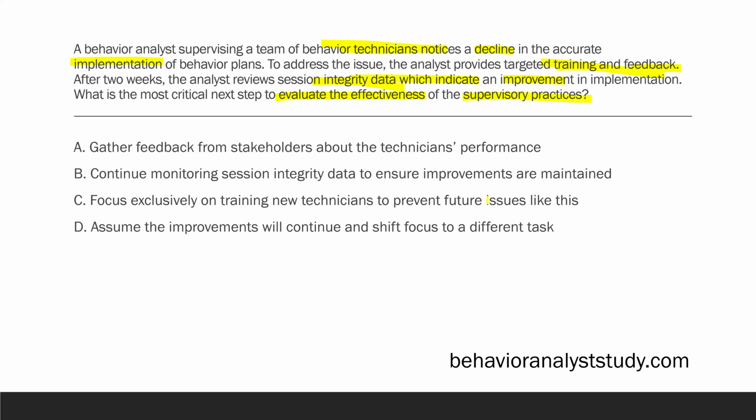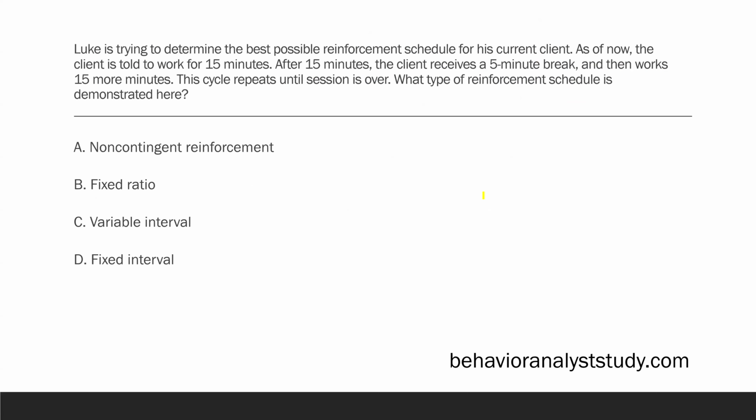Worst thing we can ever do in ABA, right, is assume anything. It is not how we conduct ourselves. We don't assume. We look at data, we measure, and then we make decisions. In this case, the most critical next step to evaluate the effectiveness of supervisory practices is B, continue monitoring session integrity data to ensure improvements are maintained.